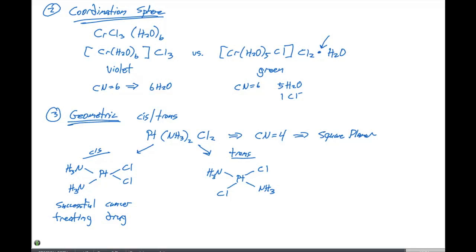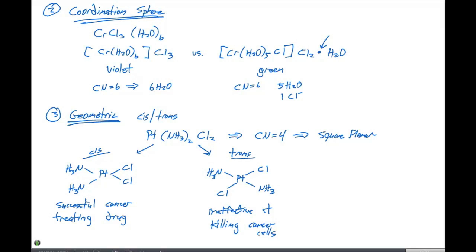The trans isomer is ineffective at killing cancer cells. So in this case, we don't have any color difference. But when you're looking at biochemistry, at drugs and how they could potentially bind to DNA, the cis versus the trans isomer is going to be very, very important.